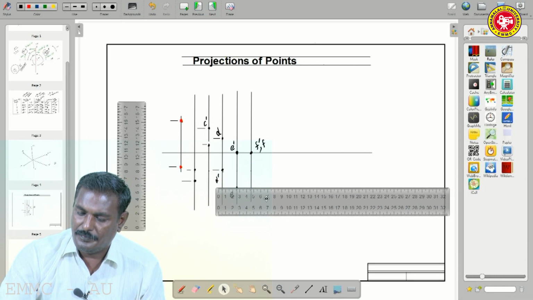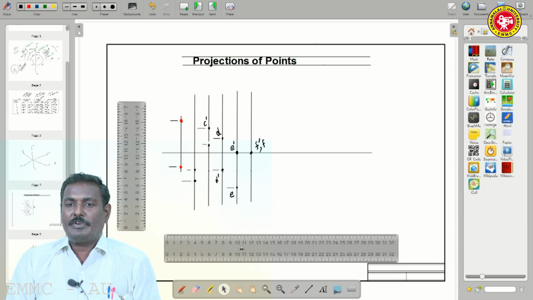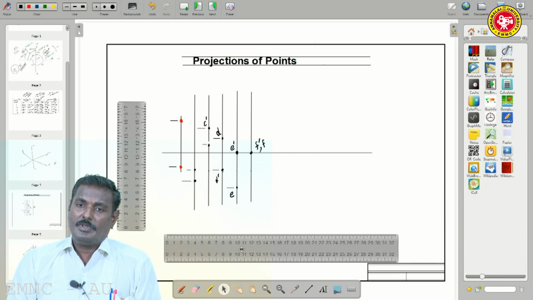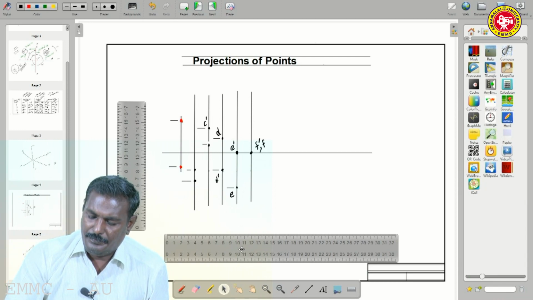Then here draw extension line. So by use of another perpendicular scale, draw a dimension line.